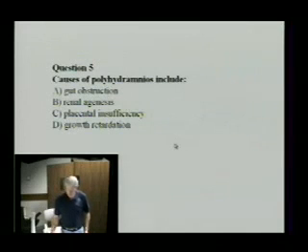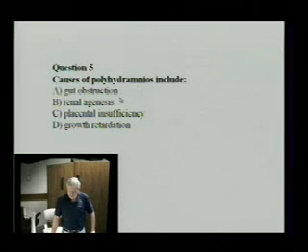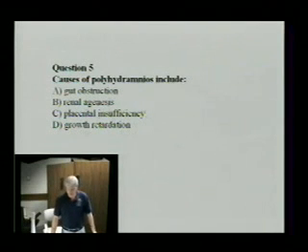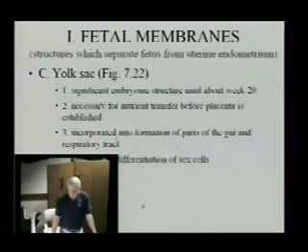Obviously, that was in a question format, not the other. I tricked myself on that one. So the gut obstruction really is the one that is included. So renal agenesis, placental insufficiency, and growth retardation are not causes of polyhydramnios. I apologize for that confusion.